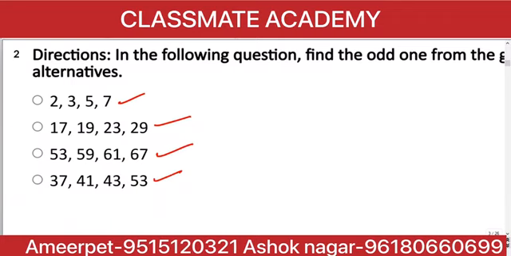The second thing we have to think about is the arrangement of these prime numbers. 2, 3, 5, 7 are consecutively arranged, followed by 17, 19, 23, 29, then 53, 59, 61, and 67. But here it is 37, 41, 43, and after that, which prime number? 47. So in place of 53 should be 47. That is the reason your answer is option D.